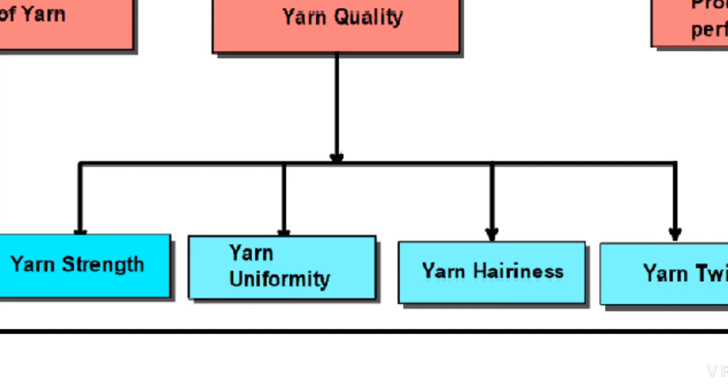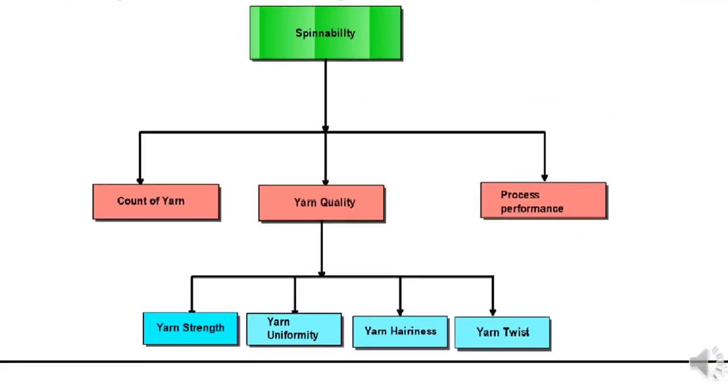So when you are selecting fibers, when you are selecting raw material for spinning, you have to think of the spinability of the fiber. And length of fiber affects spinability, spinning performance. It decides the count to be spun from the given variety.